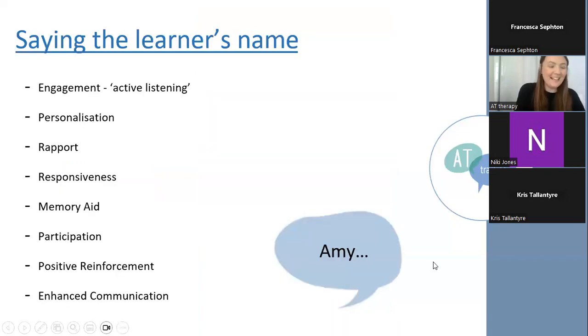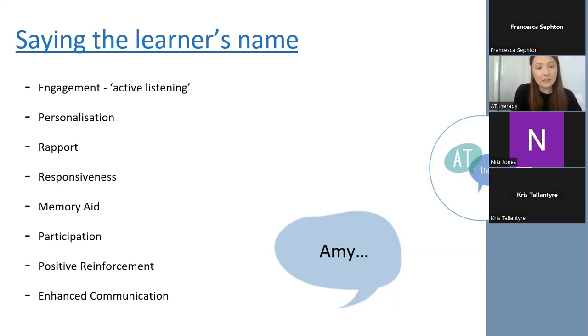Brilliant. So we'll move on to, again, saying the learner's name and why it's important. So first here, it offers numerous benefits. First, we've got engagement. It captures the learner's attention, especially in the education setting where engagement is crucial. It adds for personalisation, that personal touch making the learner feel valued and recognised. That's really important.